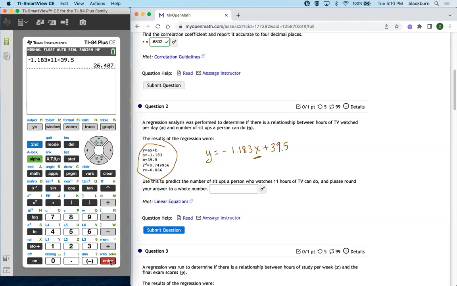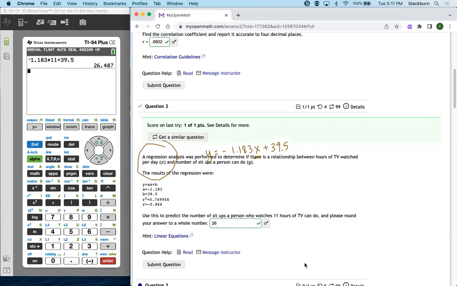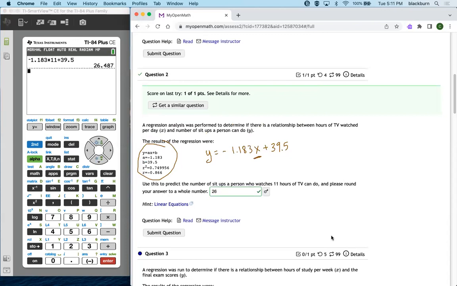And they want a nearest whole number here because it's sit-ups. Even though I think you can do a half a sit-up, I think I've done plenty of those. So 26. So you basically just use that formula for prediction. And you watching 11 hours of TV, I doubt you're doing 26 sit-ups, but there it is.